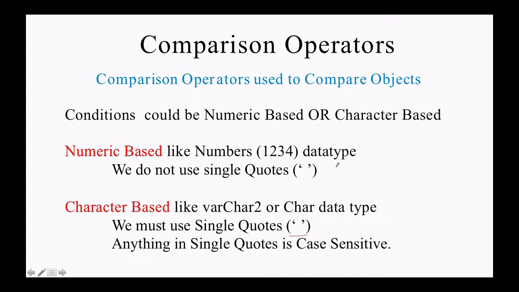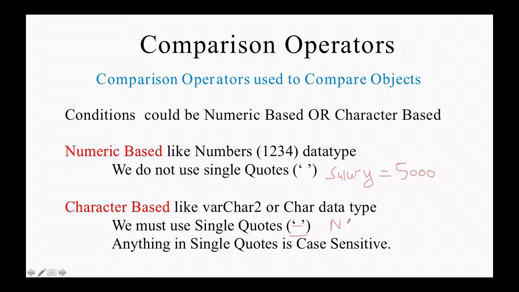If you want all the employees where salary is equal to 5,000, you don't need a single quote because it's a numeric field. But with character-based fields, you need to add single quotes around the value in the comparison. So for instance, we talked about name.